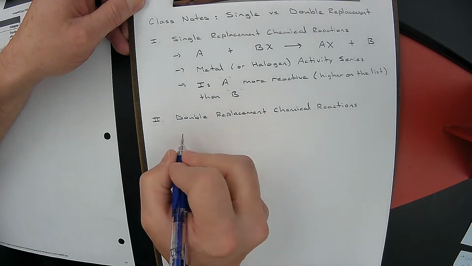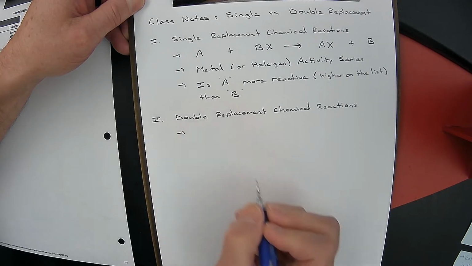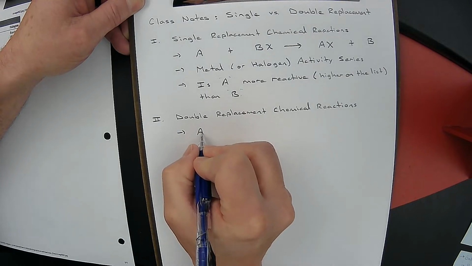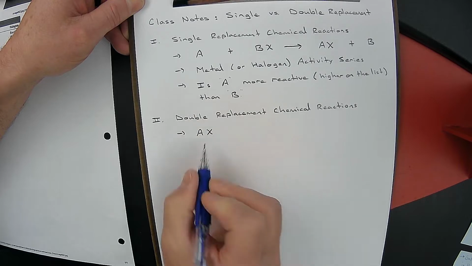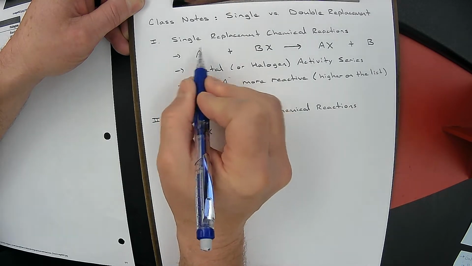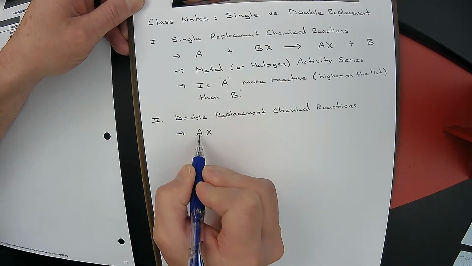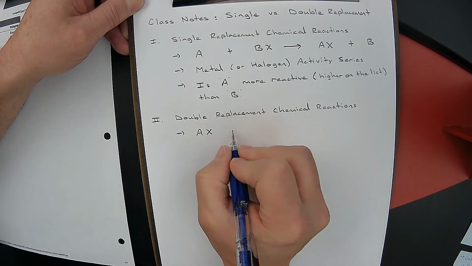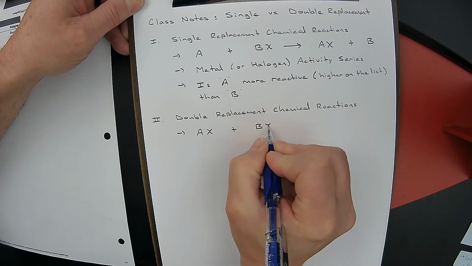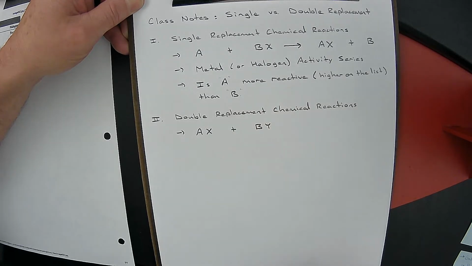So the pattern for double replacement reactions is we're going to start with two substances connected. Notice that it's different up here. Single replacement was the substance by itself. Double replacement are two substances that are connected, reacting with two different substances that are connected.